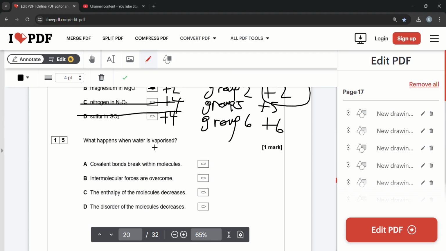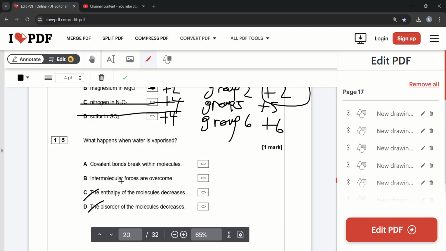What happens when water is vaporized? It's definitely going to be this or this. It's A or B. Covalent bonds break between molecules, or the intermolecular forces are overcome.